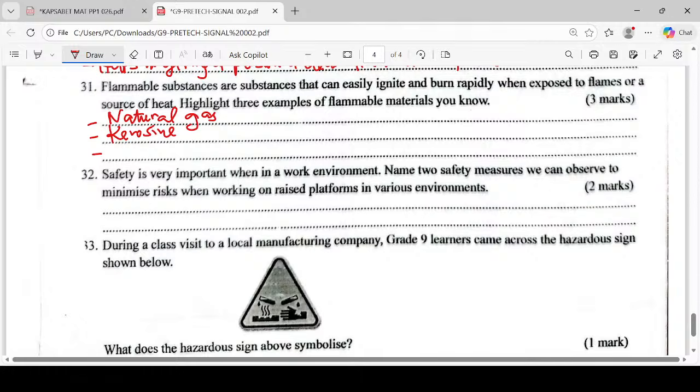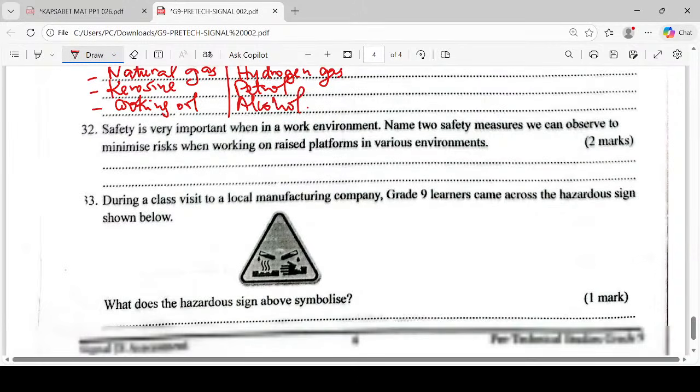We can have things like cooking oil, maybe hydrogen gas, petrol, alcohol, among others.